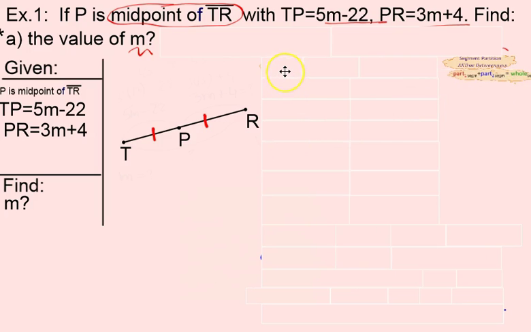It is more than that. It is very specific. So you have to apply the definition of a midpoint that really should be in your head right now. A midpoint breaks a segment into two congruent segments. And those two segments, of course, will be halves of the original segment TR in our case.